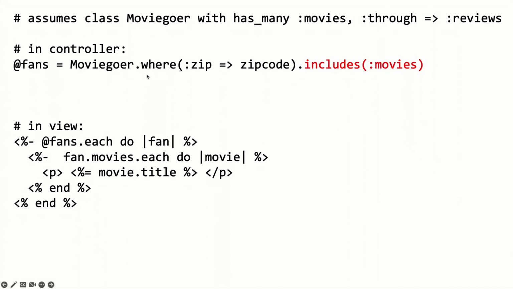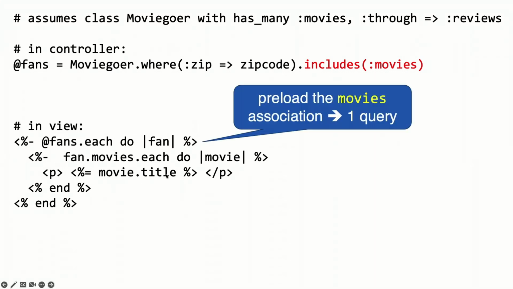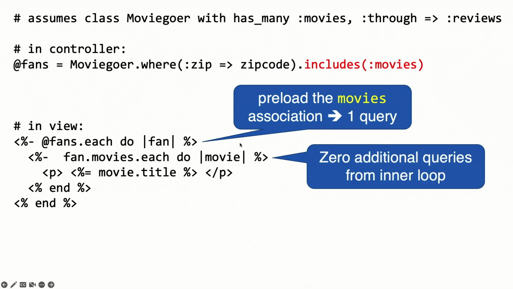What this is saying is when you do the moviegoer query, even though the thing that we're going to get back behaves like an enumerable of moviegoers, the query has also included all of the join information from the movies table. And that means that we don't have to change the code in our view, but now when the moviegoer query happens here, it is also preloading all of the information that would result from traversing that join association.